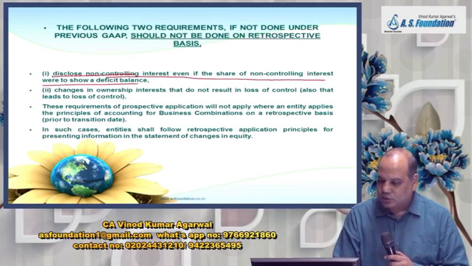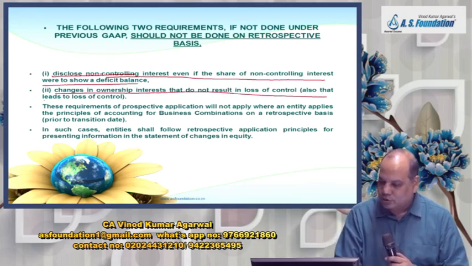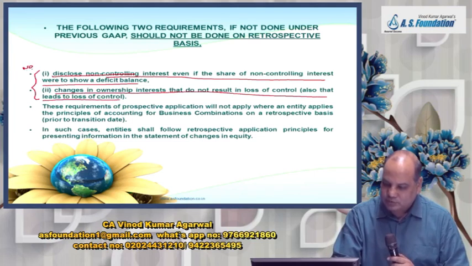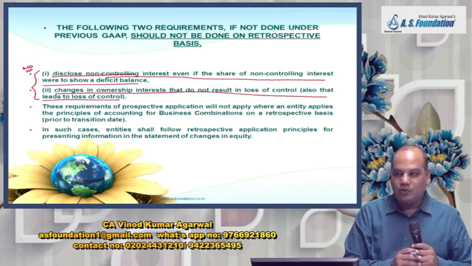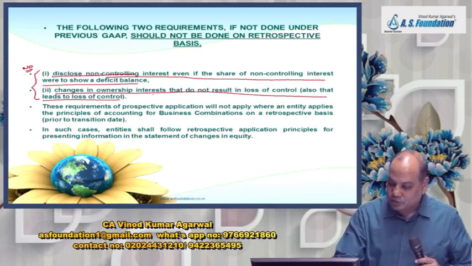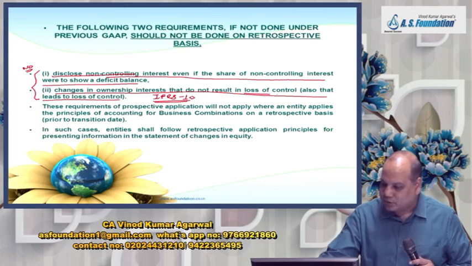And changes in ownership interest that do not result in loss of control or that lead to loss of control. So no retrospective effect for such items. Whatever is the amount appearing based on whatever previous GAAP you have followed, you do it. Now you have to remember IFRS 10. I am not going to discuss it in detail today. There are two types of situation we have covered.